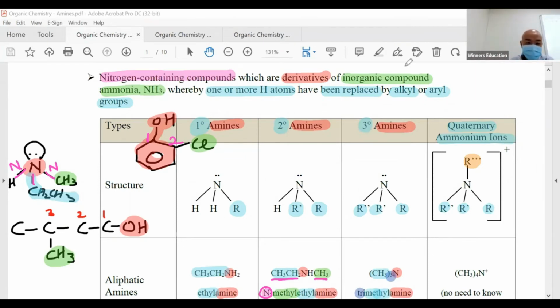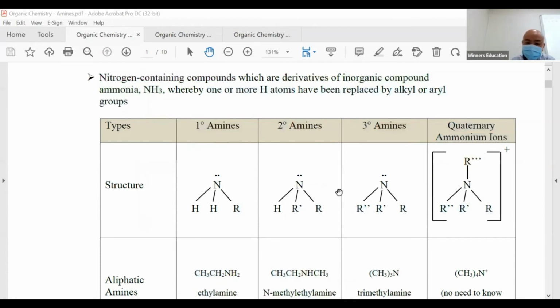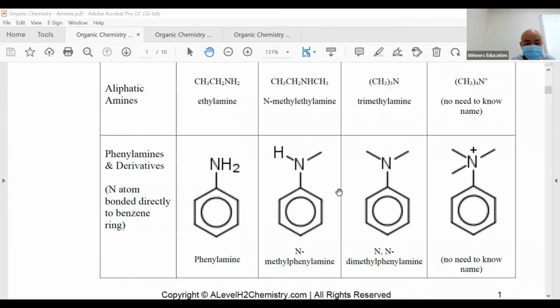Yeah? Here we go. Then we go to the aromatic amines. So just now was aliphatic amines. Now, an aromatic amine is also known as phenylamines, which looks like this. So this whole group is a functional group known as phenylamine. Not the first time we saw this.